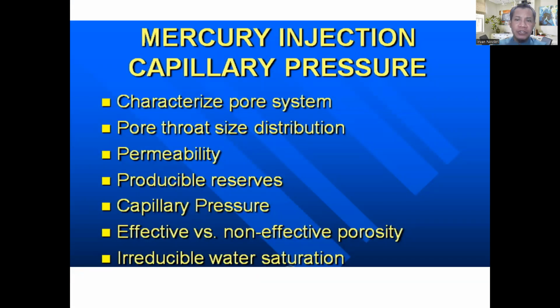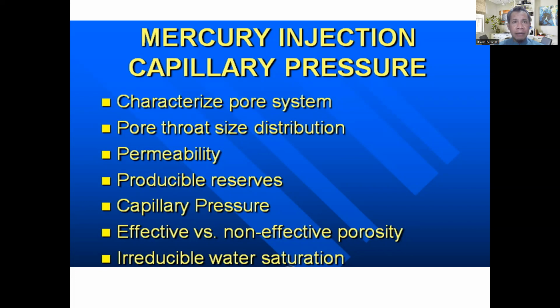Looking at the porosity, one of the really important and powerful tools that we can use is mercury injection capillary pressure. We can characterize the pore system and look at the pore throat size distribution, which controls permeability. I think one of the published papers, Pittman 1979 SEPM, was talking about the diagenesis aspect.